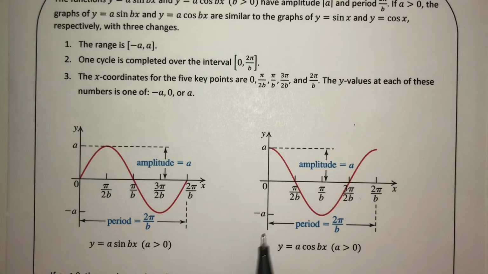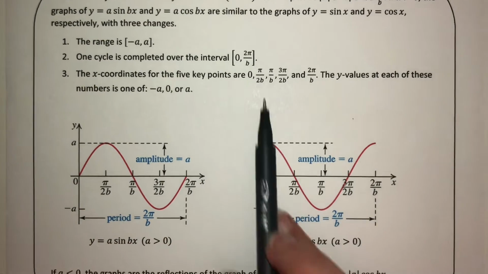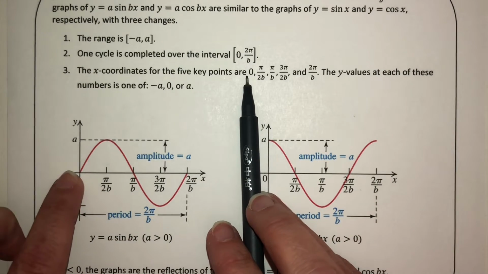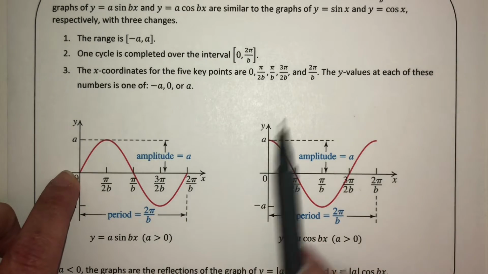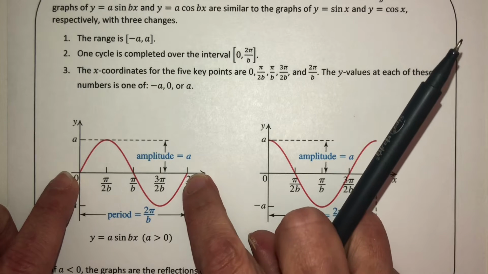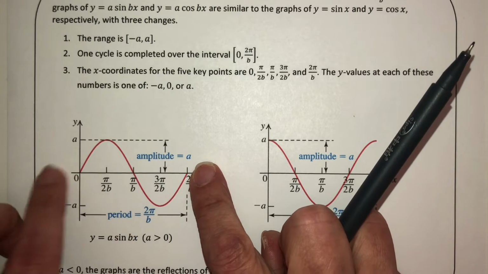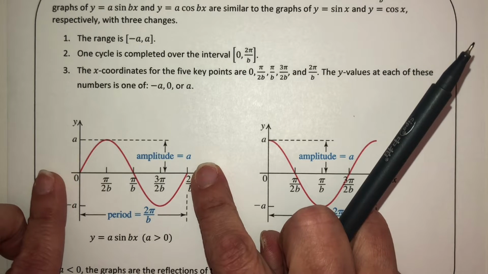Okay? Now the x-coordinates for the 5 key points, and this is true for all of these, are 0, the beginning one, and 2 pi over b will be the end one, of course, because that's how long it takes to do a cycle. And basically everything in here is just broken up into fourths.